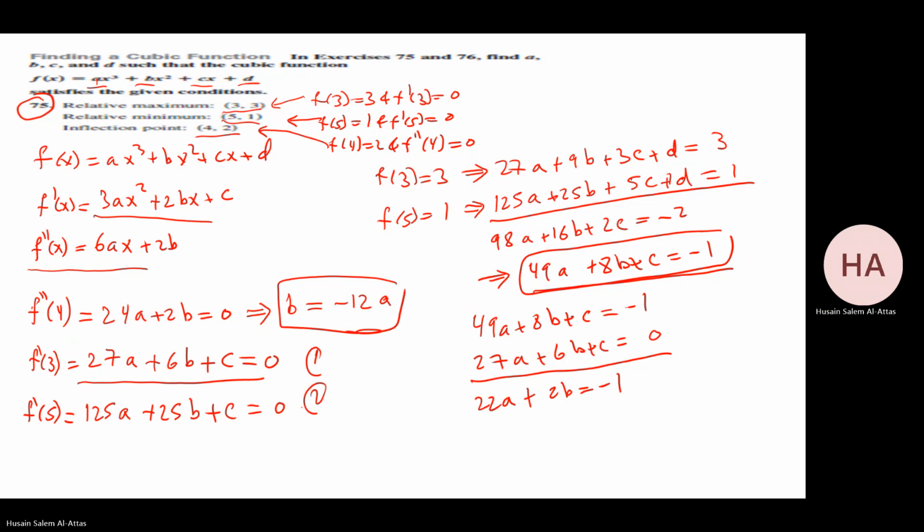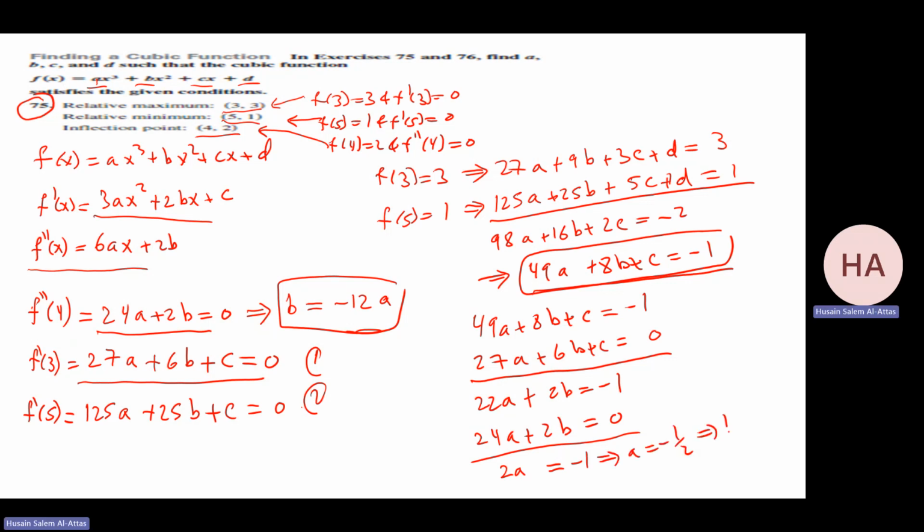And I can do this with this one. Now I have 24a plus 2b equals 0. And subtract, you have 2a equal minus 1. So a equal minus half. So b equals 6. You get a and b.